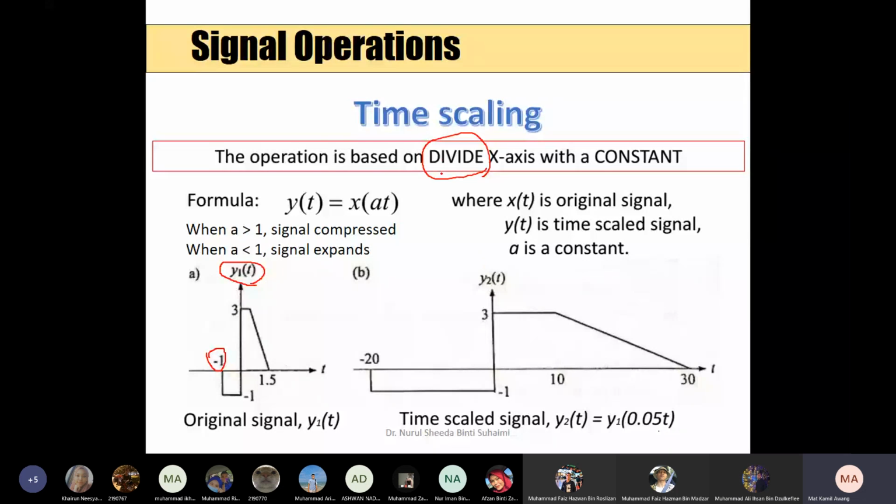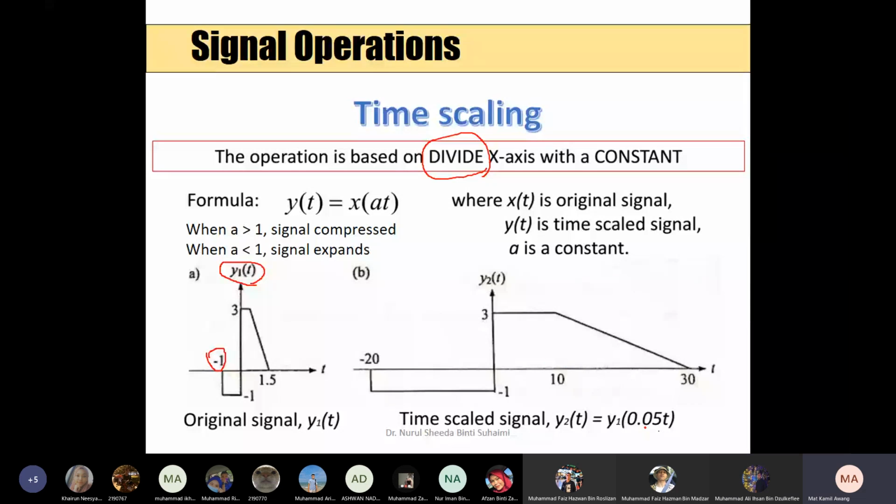The convention is a bit confusing. So this 0.05 is actually not A. A here is actually 1 over 0.05.